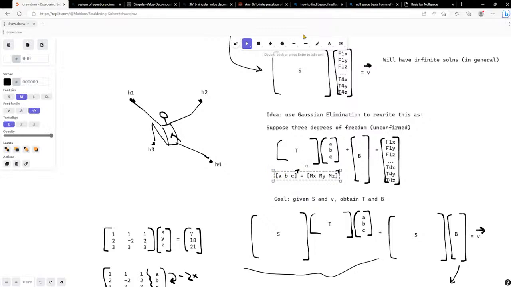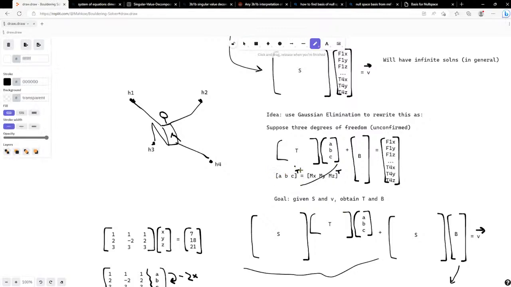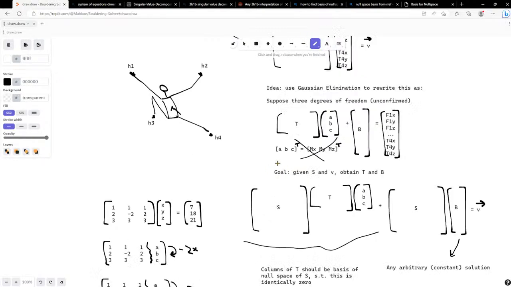But what would be nice here is, this is not something we can enforce, not in the way I've done it here anyway. But what we would like is that ABC be some function of mx, my, mz.